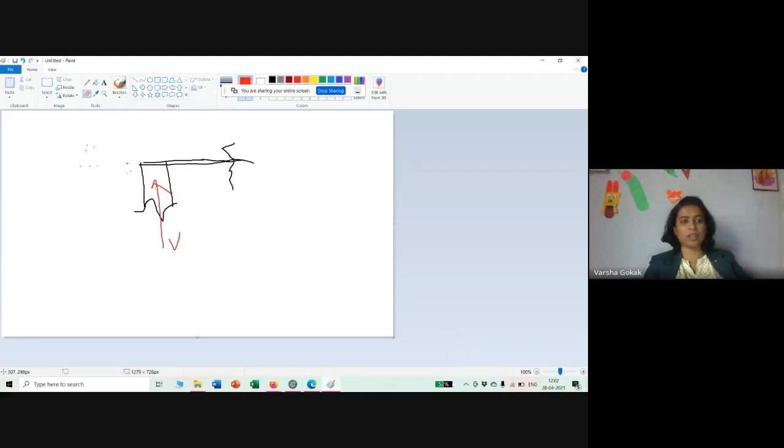So see, I would like to explain. You have this simple support. Simple support means this beam is simply going to rest over it. If you can see my video also, the beam is simply going to rest over it like this, correct? When I'm talking of the three equations of equilibrium, we are talking of horizontal movement, vertical movement, and rotation.